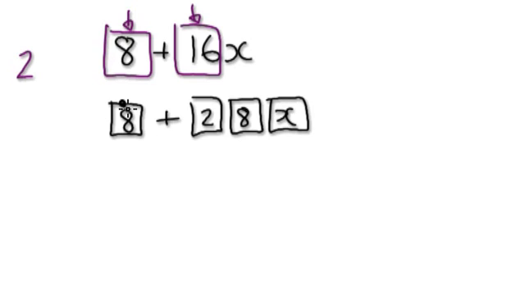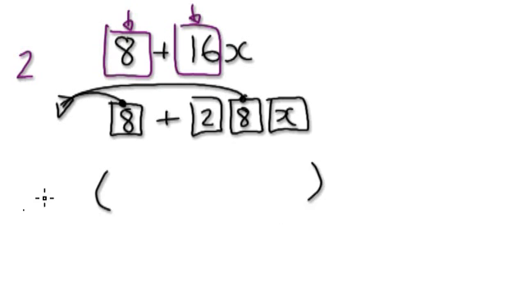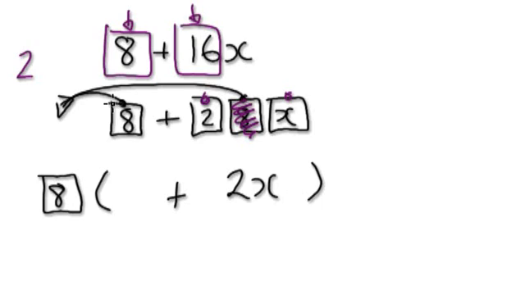Now take the 8s out, so it will look like this: 8 out here, and then remember, you've taken the 8 out, so all that's left is 2x. So you've got 2x in here. Over here, you've got to put the 1, because later on, when you come to multiply out the brackets, it will be this times this.